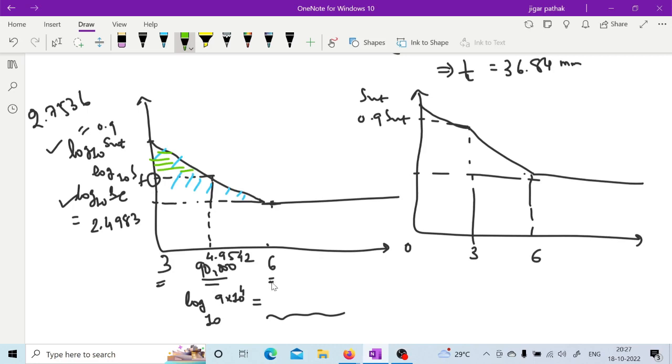Sir, how to calculate with similar triangles, sir?